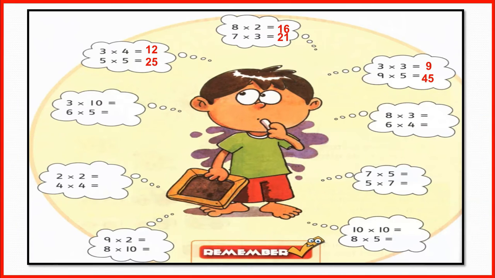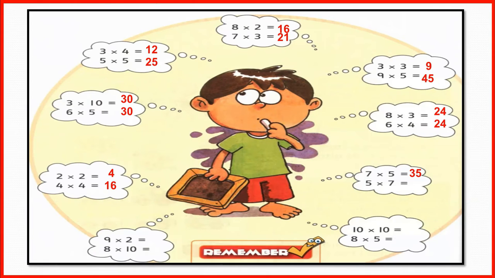9 5s are? 45. 10 3s are? 30. 6 5s are? 30. 8 3s are? 24. 6 4s are? 24. 2 2s are? 4. 4 4s are? 16. 7 5s are? 35.